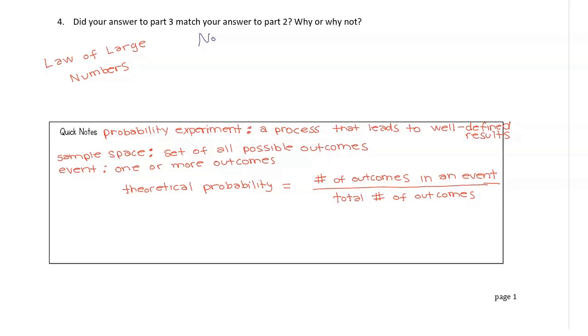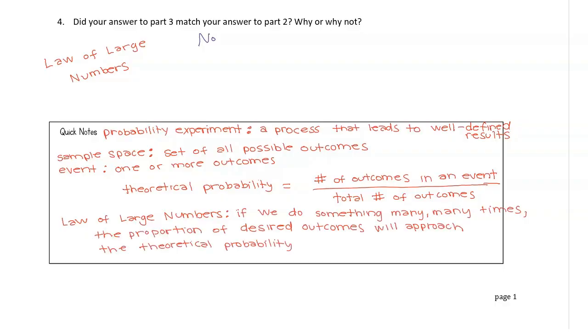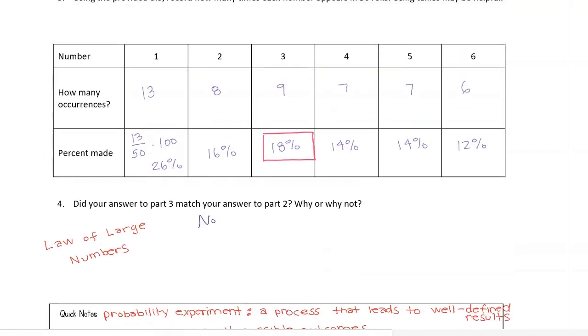And then finally, the law of large numbers says that if we do something many, many times, the proportion of desired outcomes will approach the theoretical probability. So let's go back and look at that for just a quick minute.